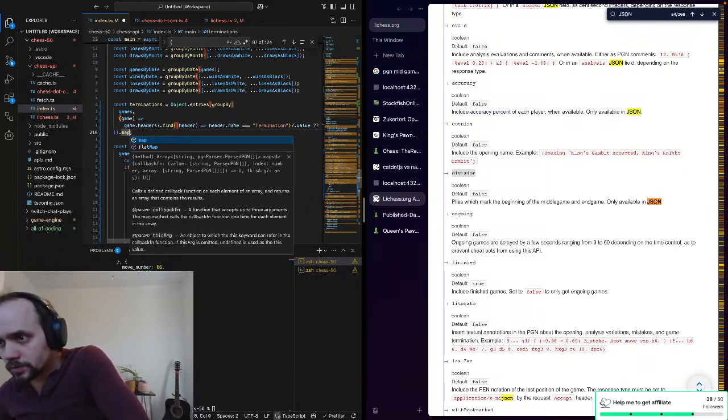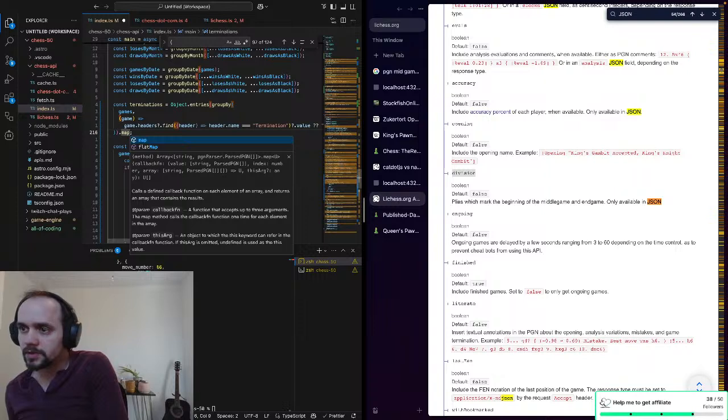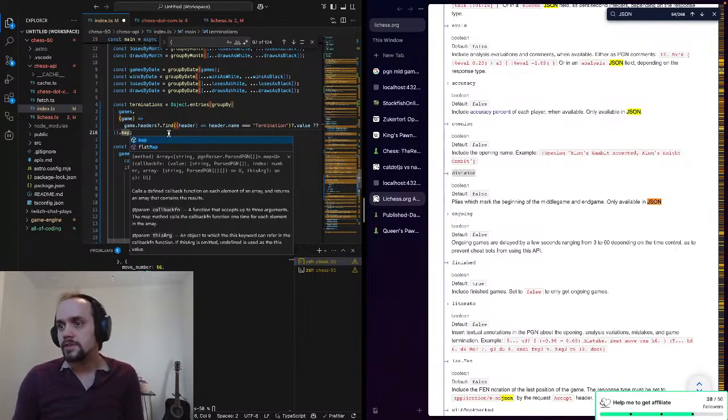If you go to opening in the JSON response, there's a property called ply, which I think tells you when the opening is done. If you go to the JSON response, ply.